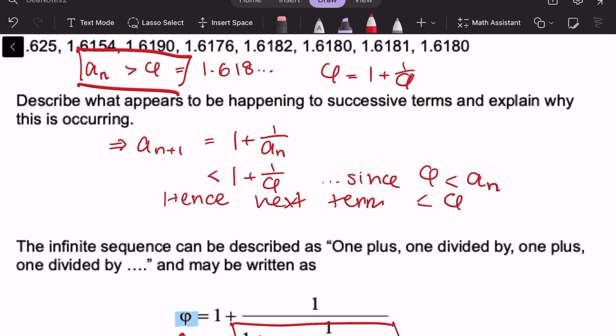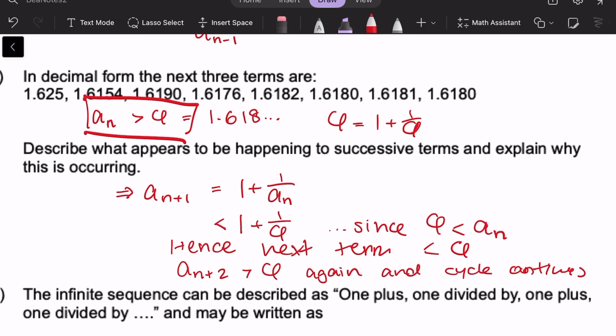An plus 2 is going to be larger than phi again, and the cycle continues, which is the reason for the alternating pattern. Notice that it's not just alternating increasing then decreasing, but also one number will be smaller than phi, the 1.618, etc., and the next one will be larger than phi, and it alternates like that.